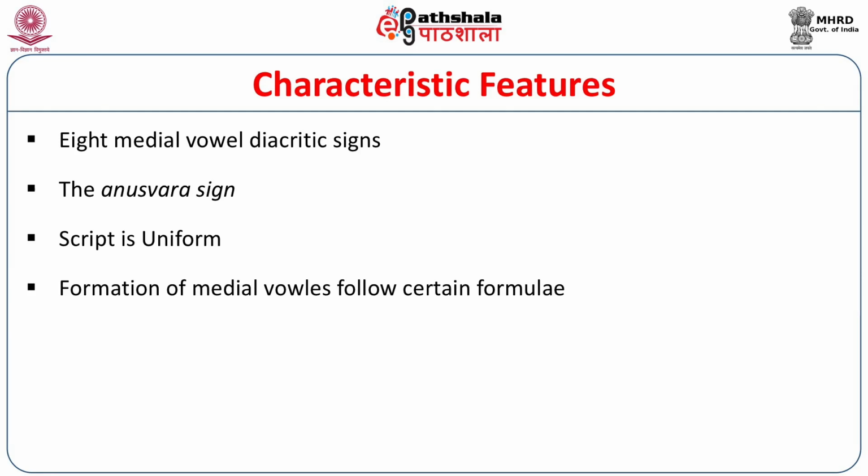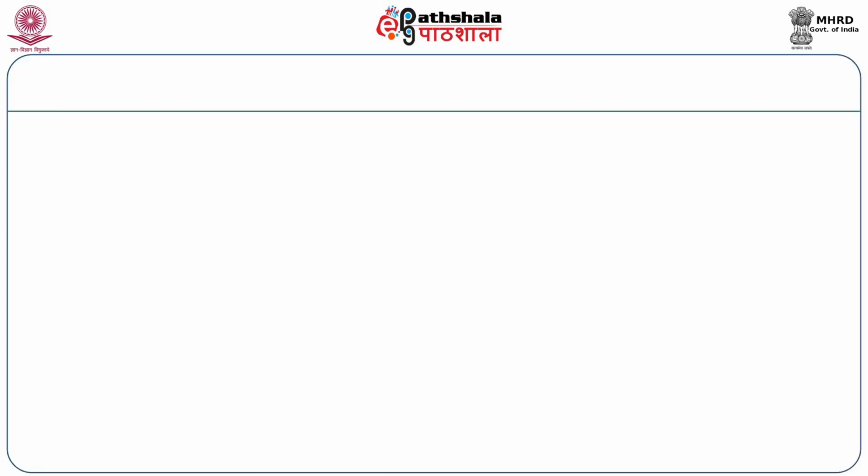It is interesting to find that the medial vowels in the earliest stage of writing in India follow a certain set of formulae which we do not find in later inscriptions. In later inscriptions, there are several variations of these formulae. But again, we have to remember that there is a general standard version of the pattern of writing medial vowels, which is found in all Indian writings, even the different derivatives of Brahmi.